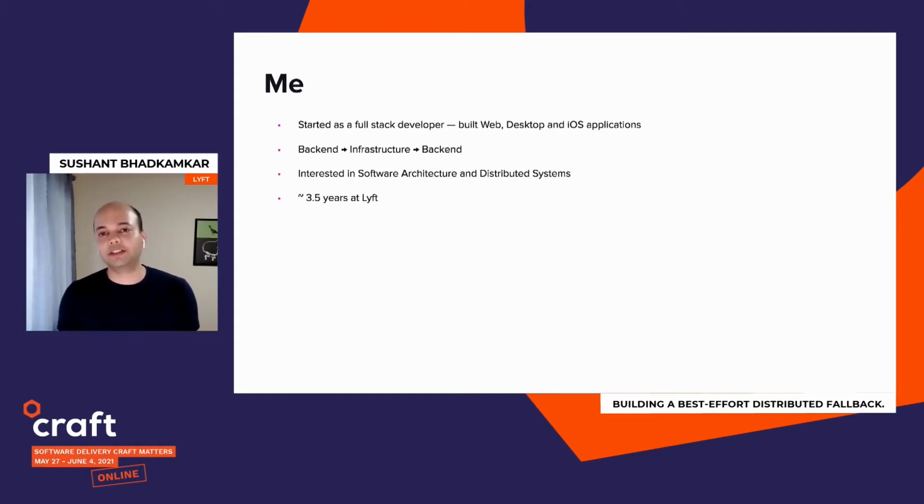So interested in those sort of things as well when it comes to distributed systems. I've been at Lyft for a little over 3.5 years. And as I mentioned, I started on the infrastructure team and have now moved to a product team working on the back end. And this talk will focus mostly on my experience of working in this particular backend team.